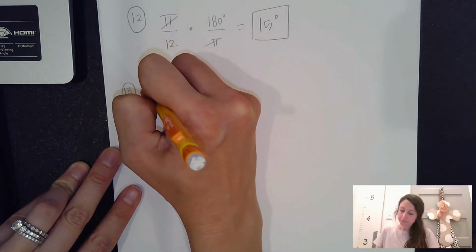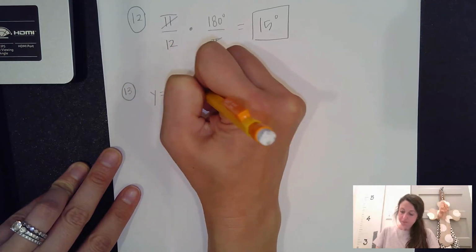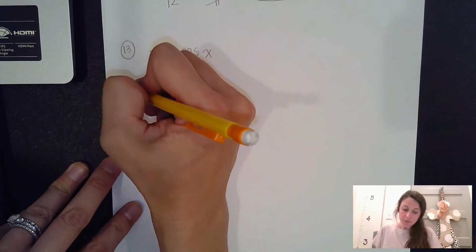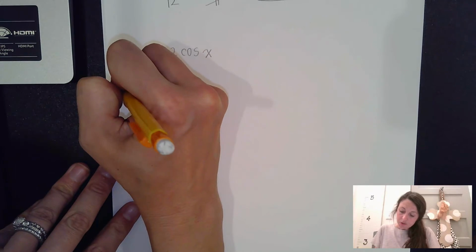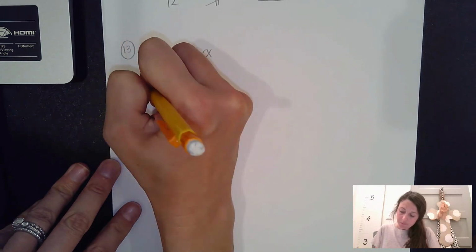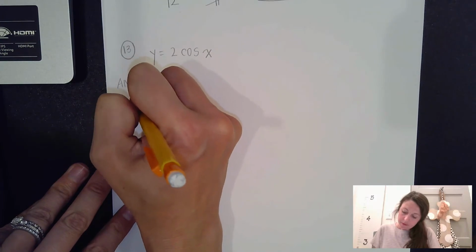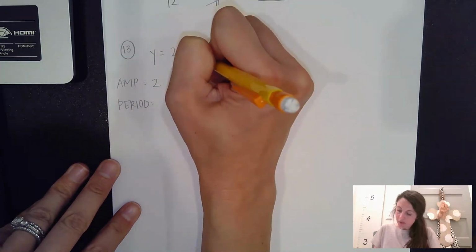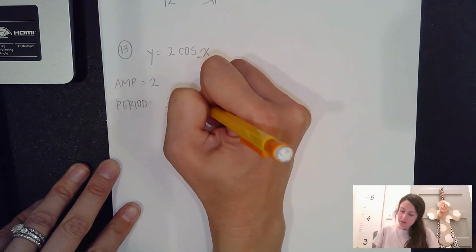All right. We also talked about graphing. So if I wanted to graph this, if I wanted to figure out what was happening here, the amplitude here is going to be 2. The period of this is going to be 2 pi divided by whatever's in front here. So it's just a 1, so the period is going to be 2 pi.